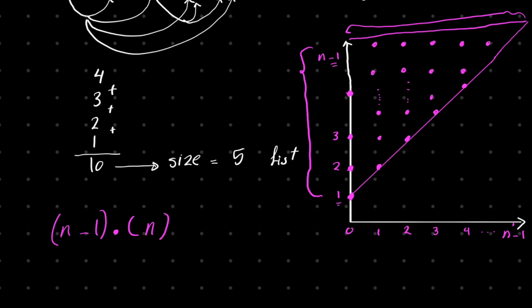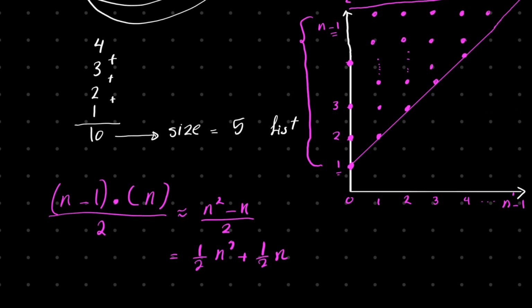And then you divide by 2. That will give you the area of the triangle. So this will be some function of n squared. You get n squared minus n divided by 2, and that gives you half n squared minus half n. Basically, that gives you a function of n squared, which is O of n squared.